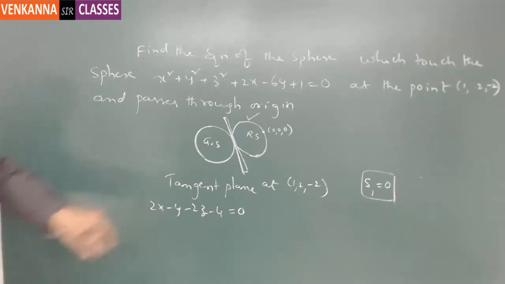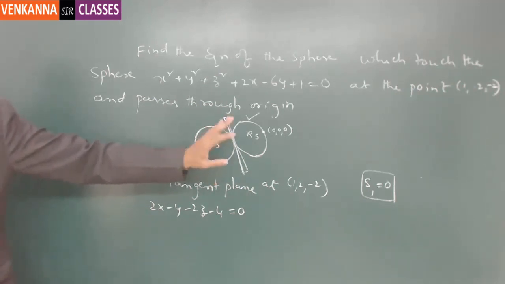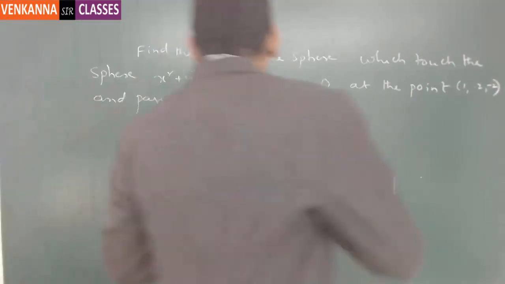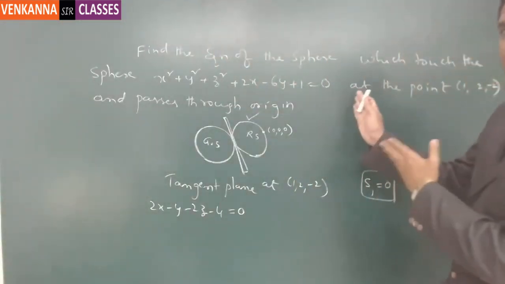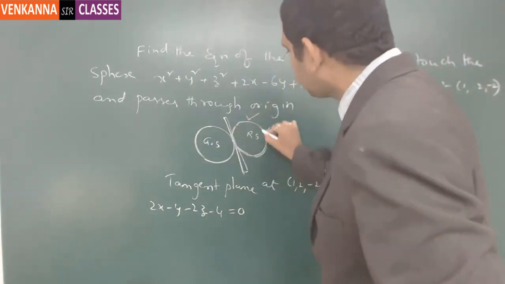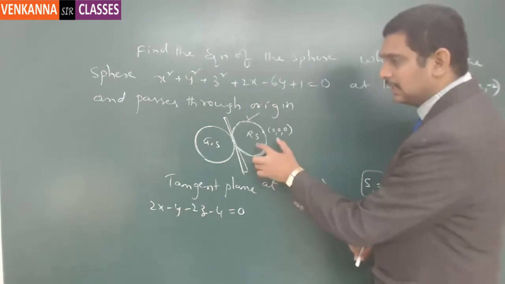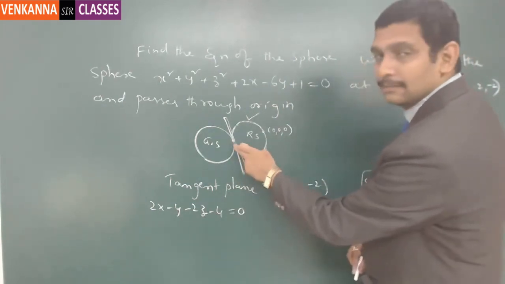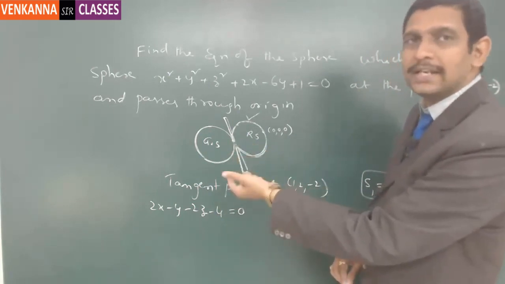The new sphere, as per the given data of the problem, passes through this point. In other words, the new sphere passes through the circle here, which is a point circle.